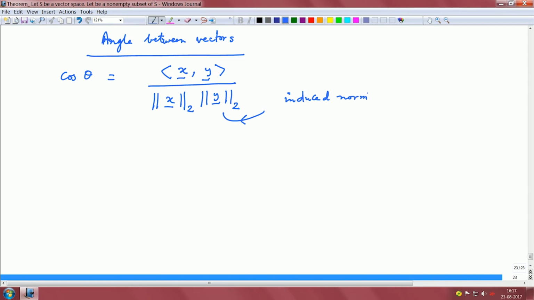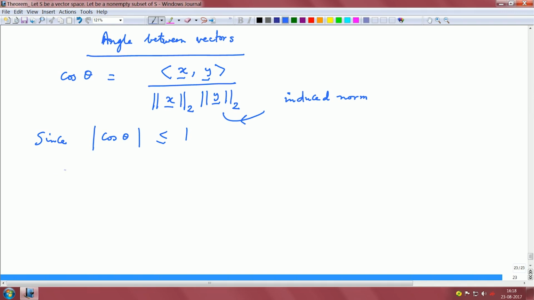And we know that the cosine of this angle is between -1 and +1, right.